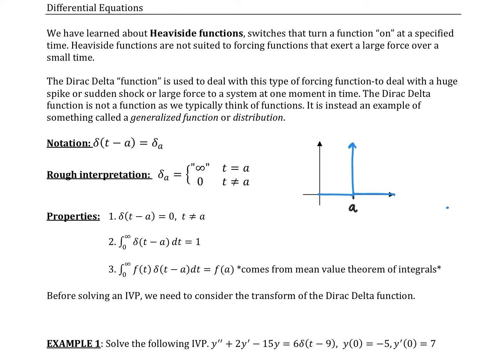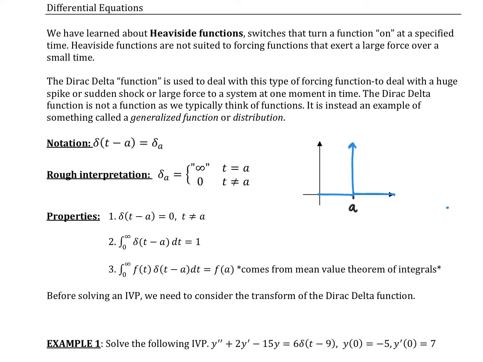Okay, so there's several properties that happen with the Dirac delta function. One, if we have delta of t minus a equals 0, then t cannot be a. The second one is that if we take the integral from 0 to infinity of this Dirac delta function, t minus a dt, it will equal 1.